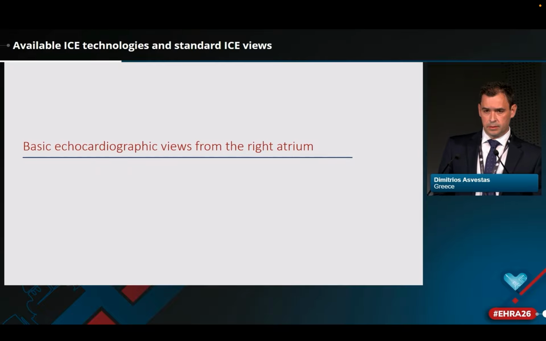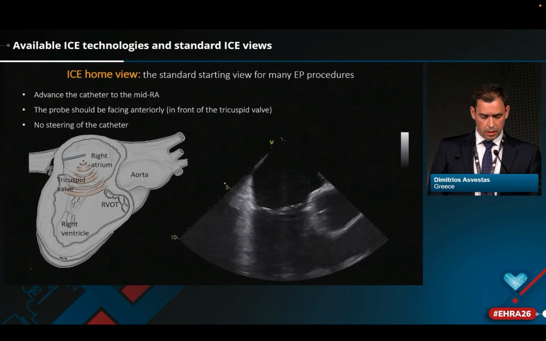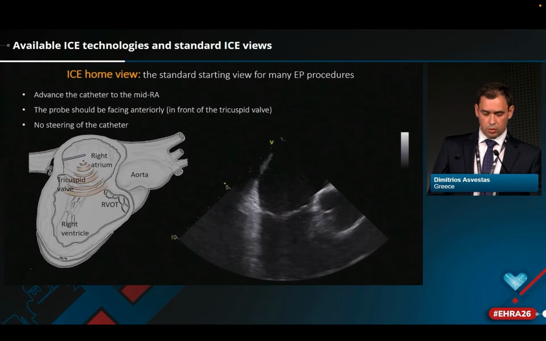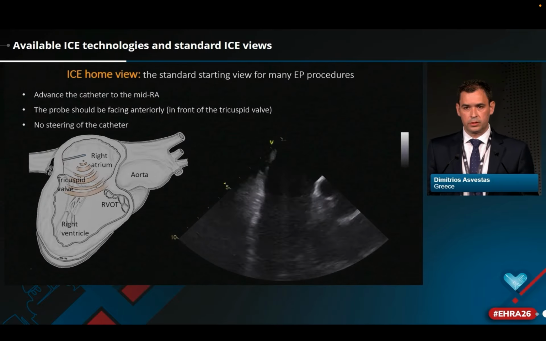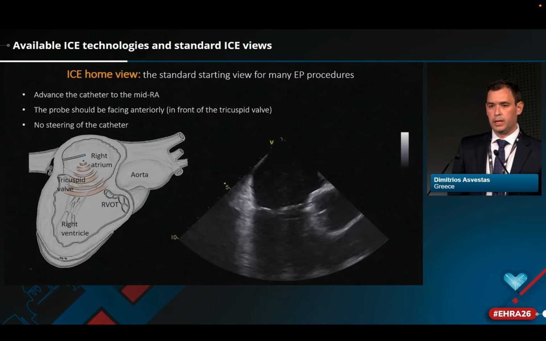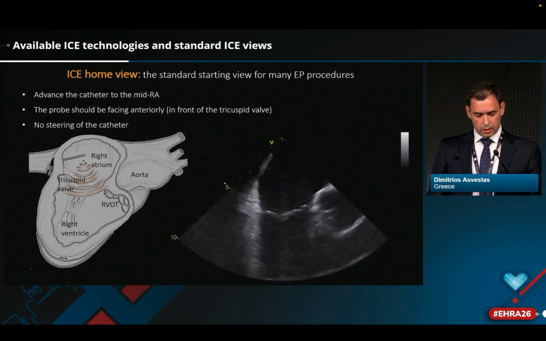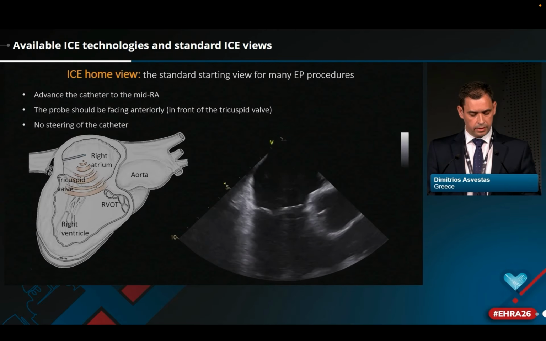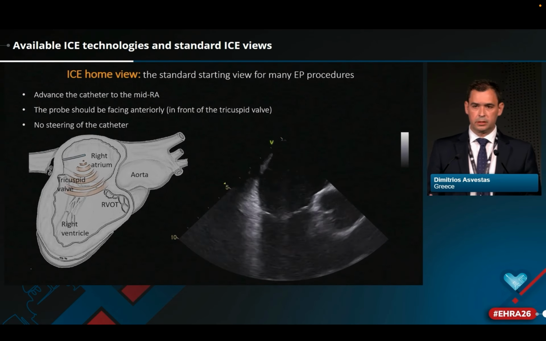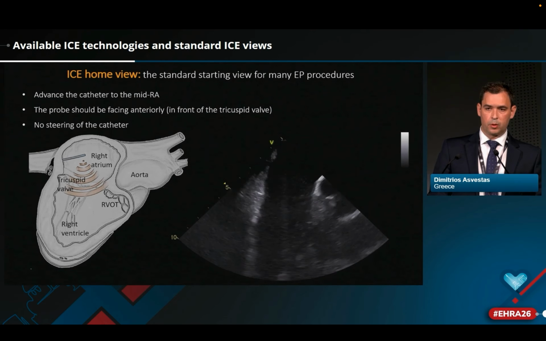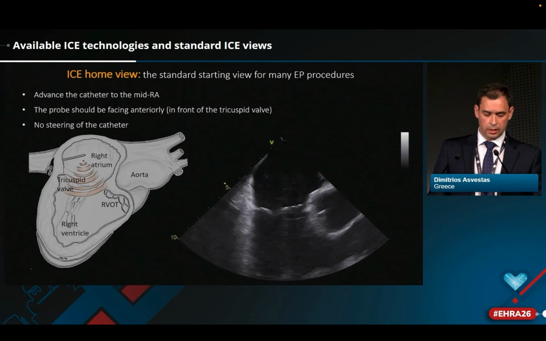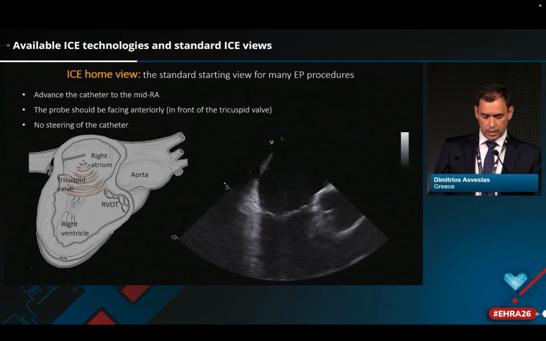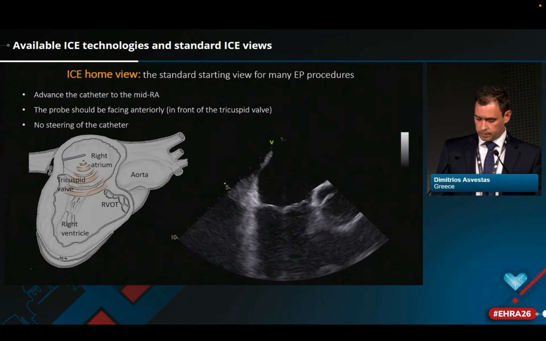So let's see the basic views from the right atrium first, and the most important view is the home view. It is the default starting view for many ICE-guided procedures. Once the catheter is advanced typically from the femoral vein and the inferior vena cava to the mid-right atrium, the probe is positioned anteriorly in front of the tricuspid valve and in neutral position.